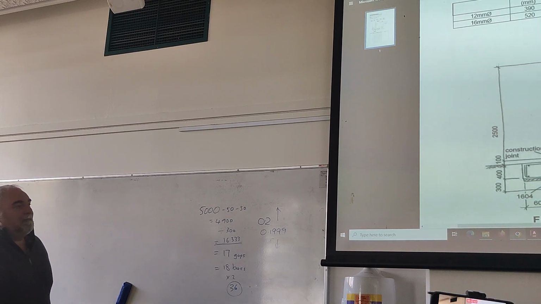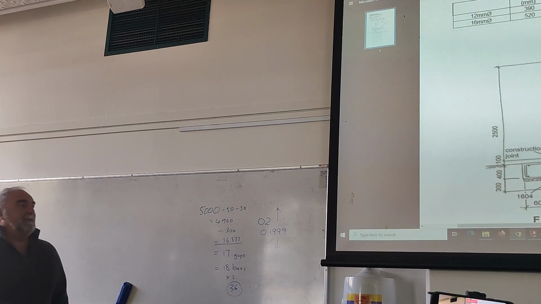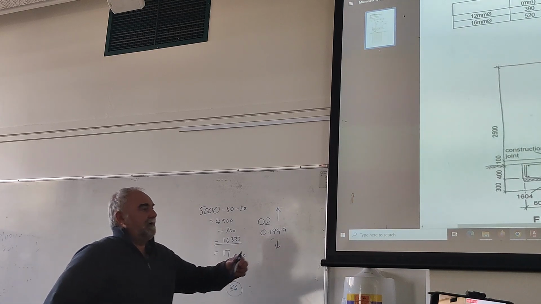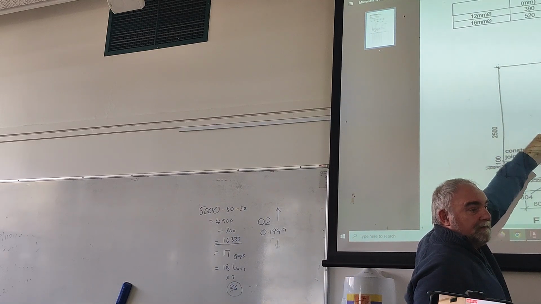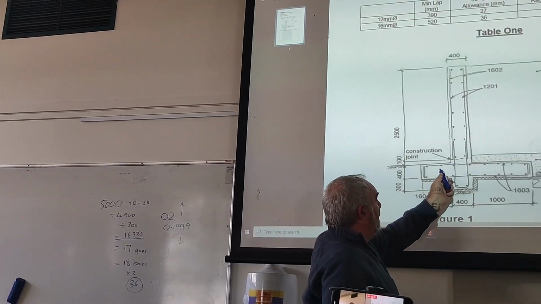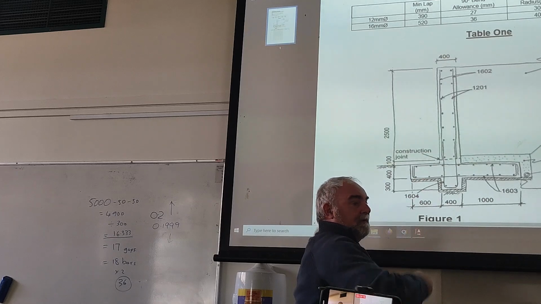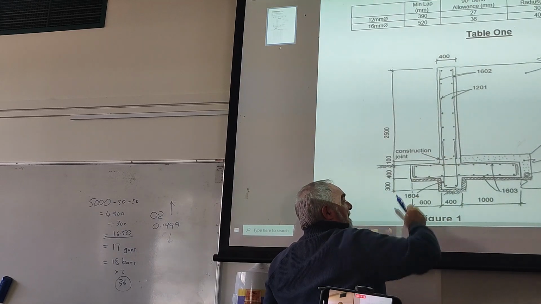I'm pretty sure when we do it vertically, we do it very similar. This part here is allowed to rest on the construction joint because you're only resting the tip. Construction joint is where we finish the concrete pour. We come back and do another concrete pour for the next bit. So you can rest the tip on there.